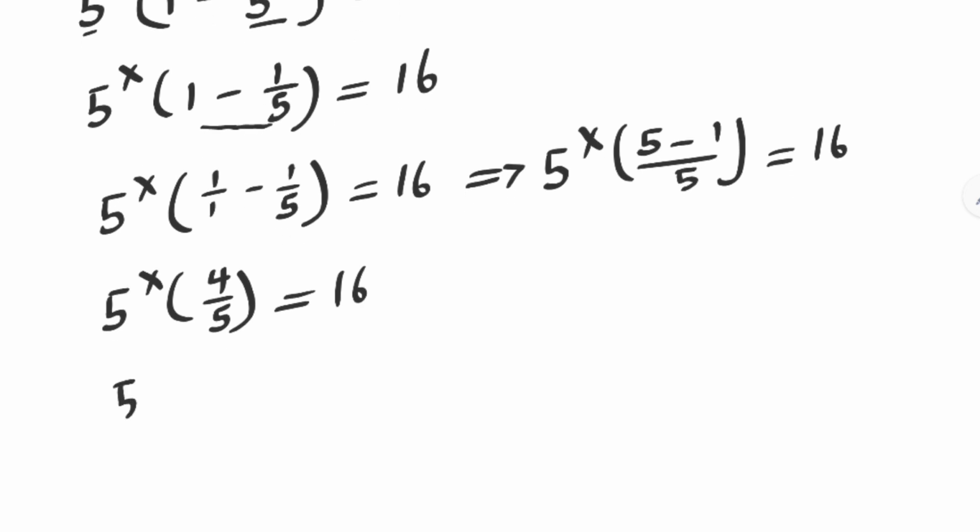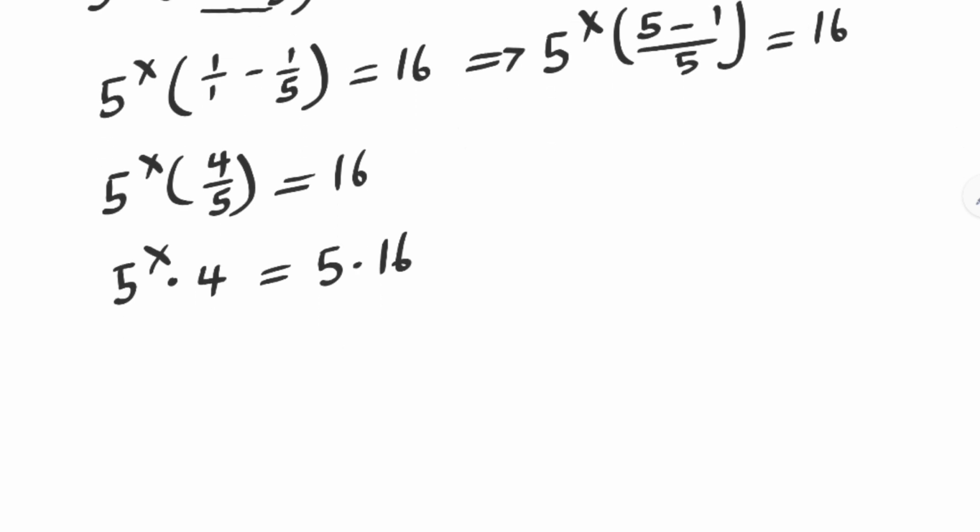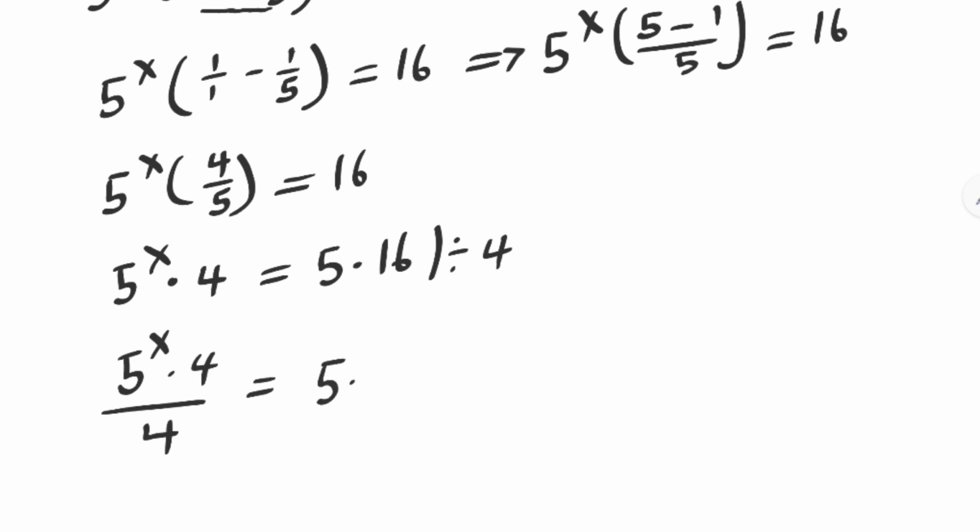Then we have 5 raised to power x multiplied by 4 is equal to, if you cross multiply, we have 5 multiplied by 16. Let us divide the whole of this equation by 4. Then we have 5 raised to power x multiplied by 4 over 4 is equal to 5 multiplied by 16 over 4.